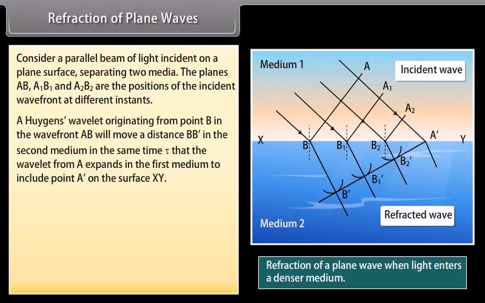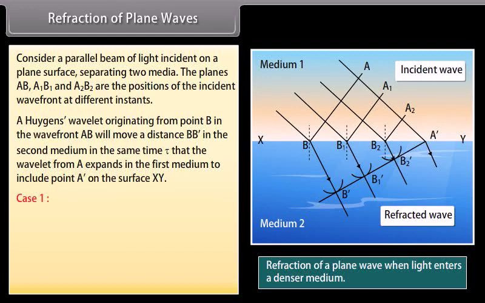A Huygens wavelet originating from point B in the wavefront AB will move a distance BB' in the second medium in the same time that the wavelet from A expands in the first medium to include point A' on the surface xy. Since the two wavelets have radii AA' and BB' not in the same medium, they move with different speeds, say v1 and v2 respectively.